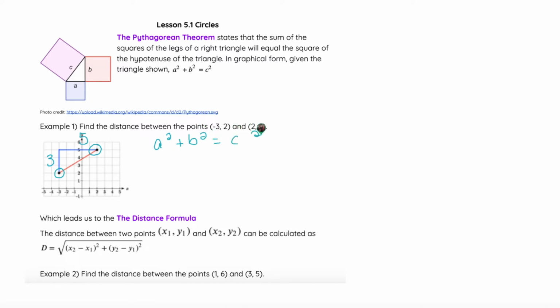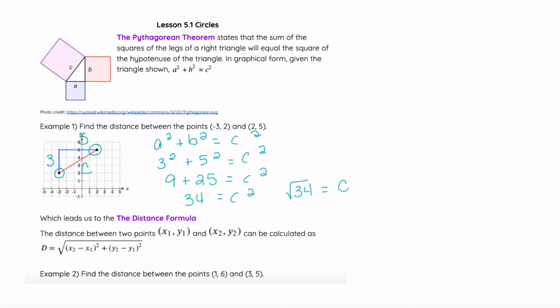In this instance, we have 3 squared plus 5 squared is c squared. We need to identify the hypotenuse length. Therefore, 9 plus 25 is c squared. 34 is c squared. Therefore, the square root of 34 in its exact form is the length of c.